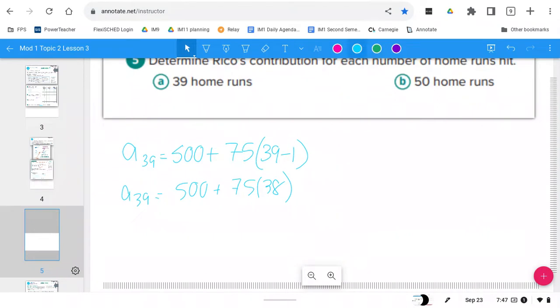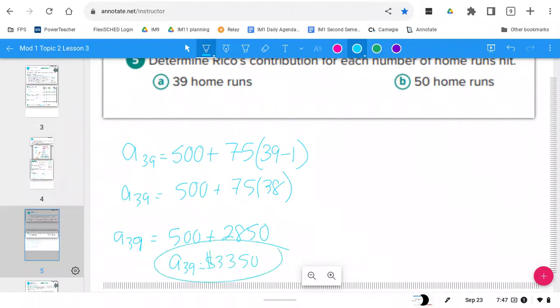Multiplication is next. So 75 times 38 is 2,850, and then I add that initial 500. 3350. So go ahead and try the next one without me.